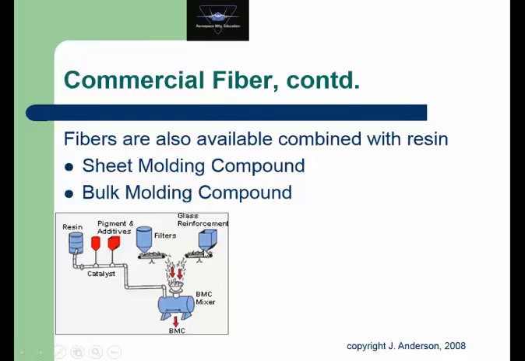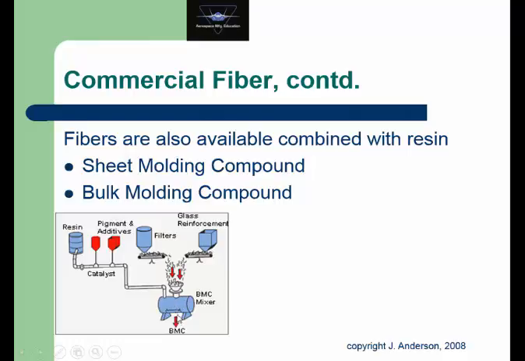And then we use glass reinforcement to add strength. So we take all of this, we put it in, and we mix it up, and we end up with essentially a pre-preg in a bulk compound. So it's been catalyzed, it's starting to cross-link, the viscosity is starting to go up.